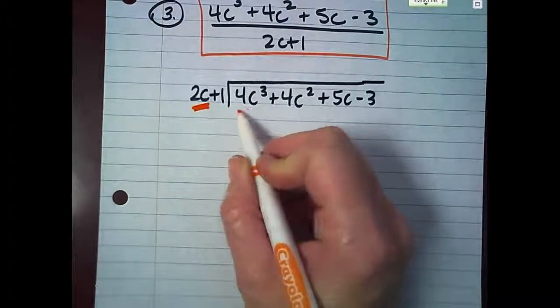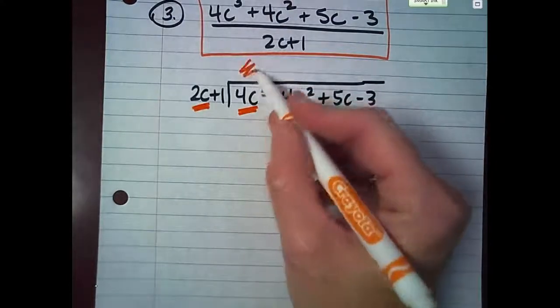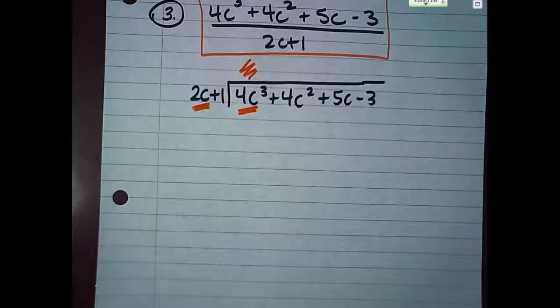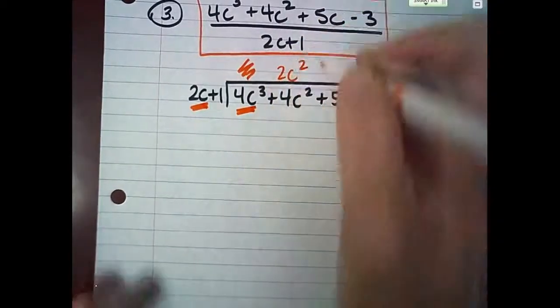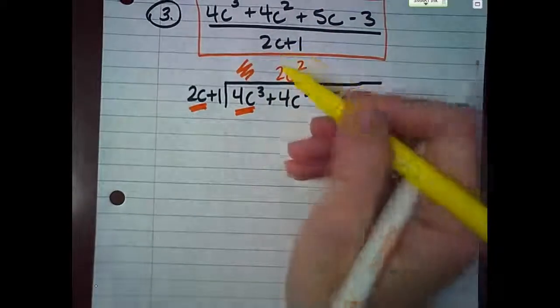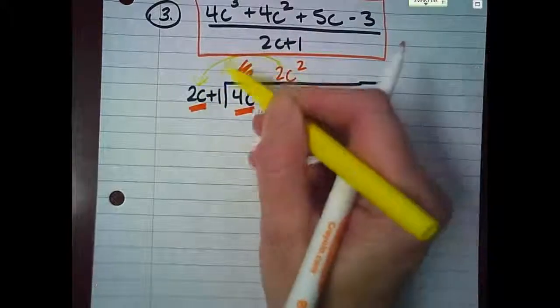Try to use 2c and 4c cubed. Nothing will fit here. How many 2's fit into 4? 2, and how many c's do I need? Good, 2. 2c squared. Remember, you're multiplying by both. That's what kids forget also.